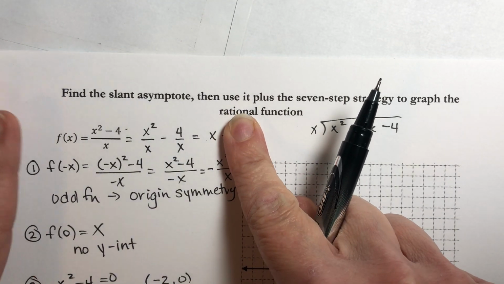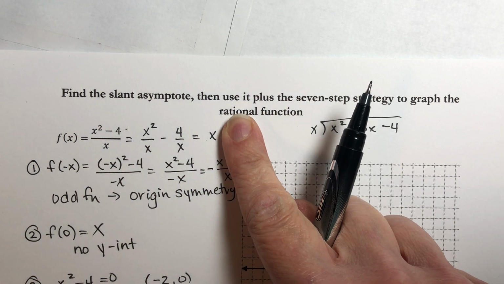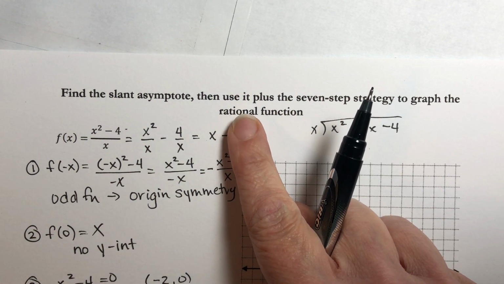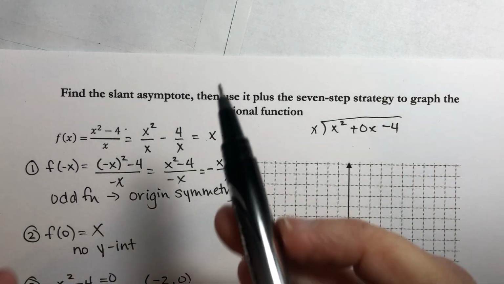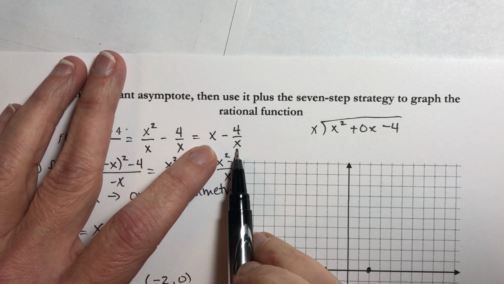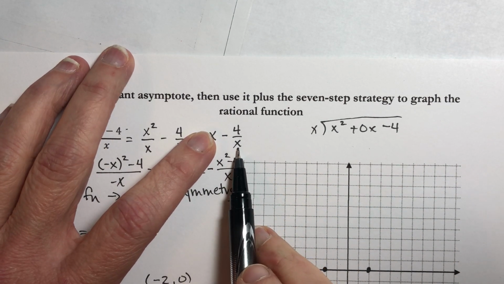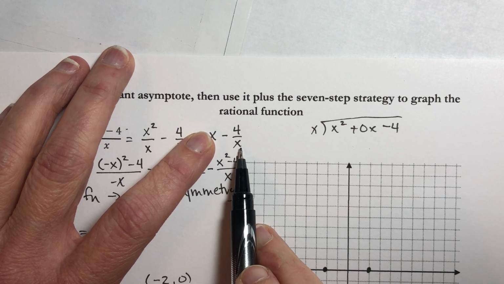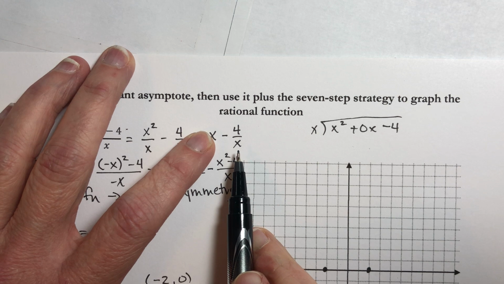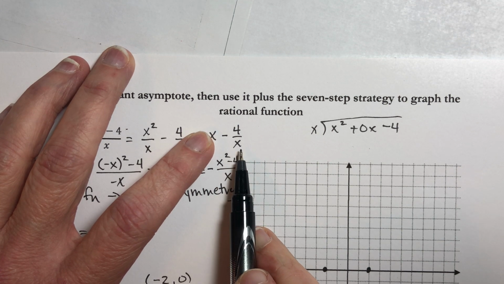Now, why is that? It's because with an asymptote, we want to know what happens when x gets really, really big, so when it goes to infinity or negative infinity. We want to know where this thing trends. If this denominator gets bigger and bigger, then this fraction gets smaller and smaller until it's practically zero.